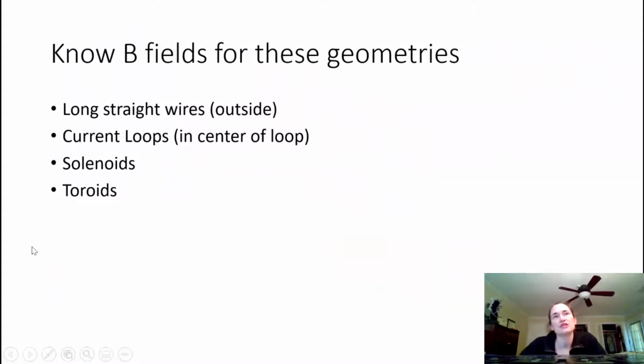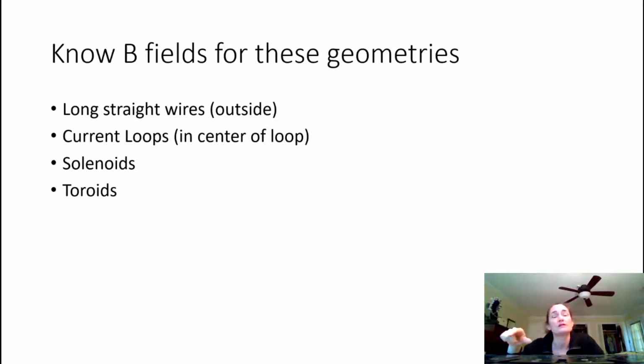So you should make sure that you know magnetic fields for certain geometries that are super common. If you are outside of a long straight wire, for example, then the magnetic field for that is mu naught I over 2 pi r, where I is your enclosed current, r is the distance from the center of that wire to the point in question. Current loops, if you're in the center of a little current loop, remember that the magnetic field for that is mu naught I over 2r, where r is the radius of your loop.